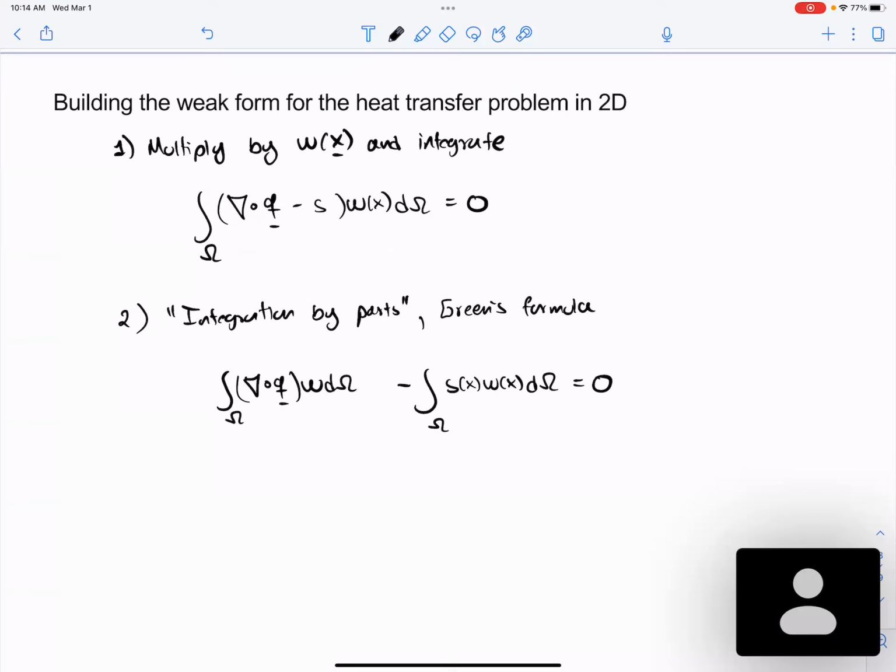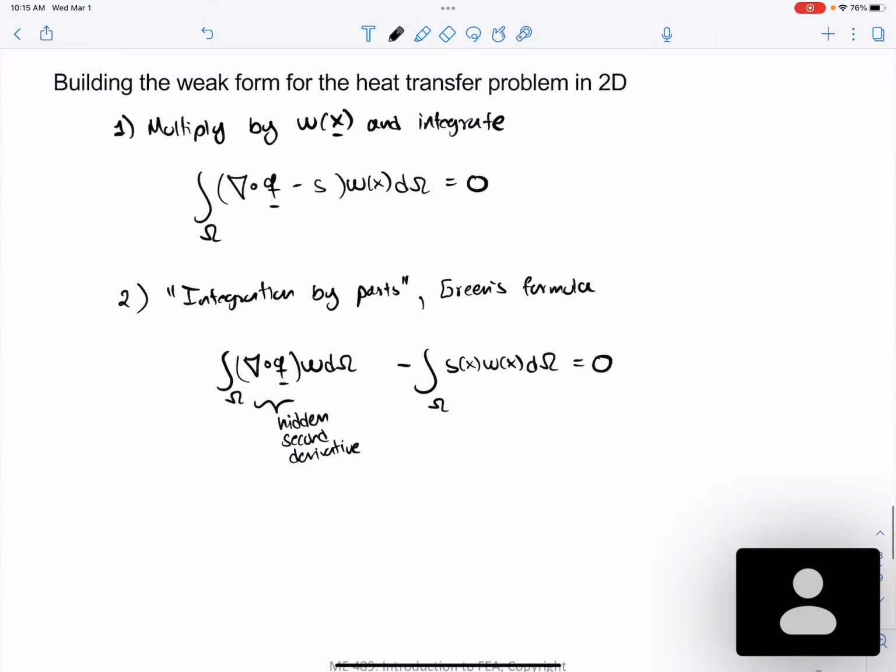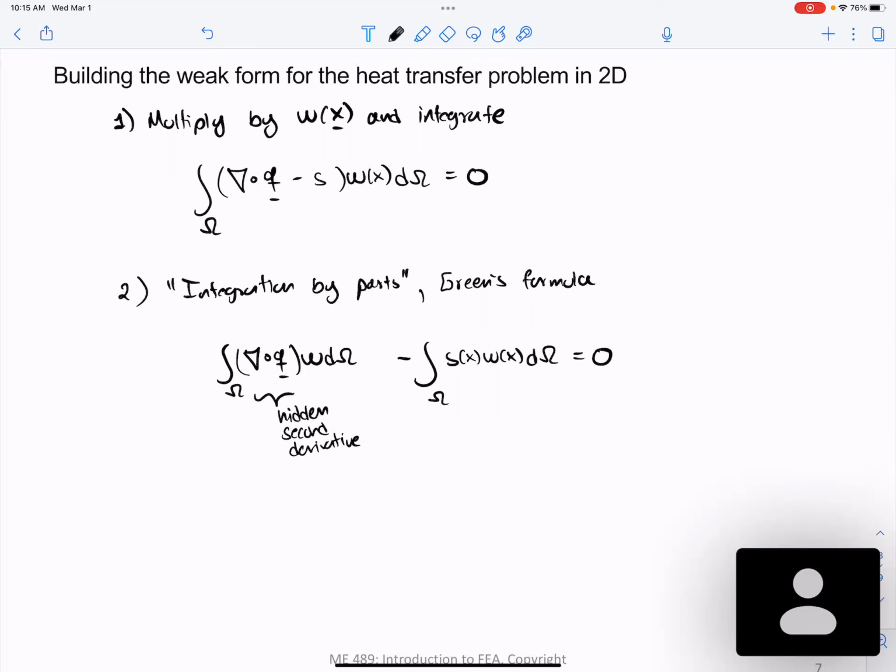It doesn't look like there's a second derivative, but there's a hidden second derivative. Why? Because the Q already has one derivative, because the Q is minus the gradient of the temperature. So there's one derivative there, and there's another derivative with the divergence. So if you use Green's formula, you just go back to what I had before.